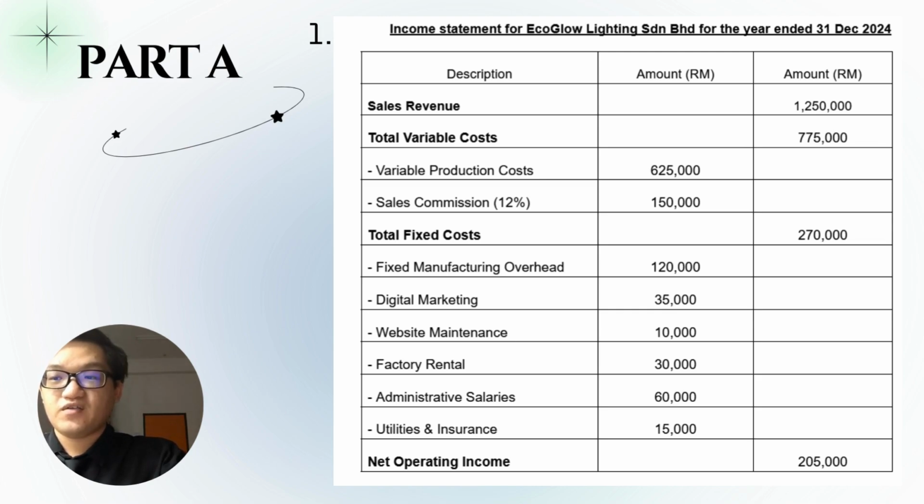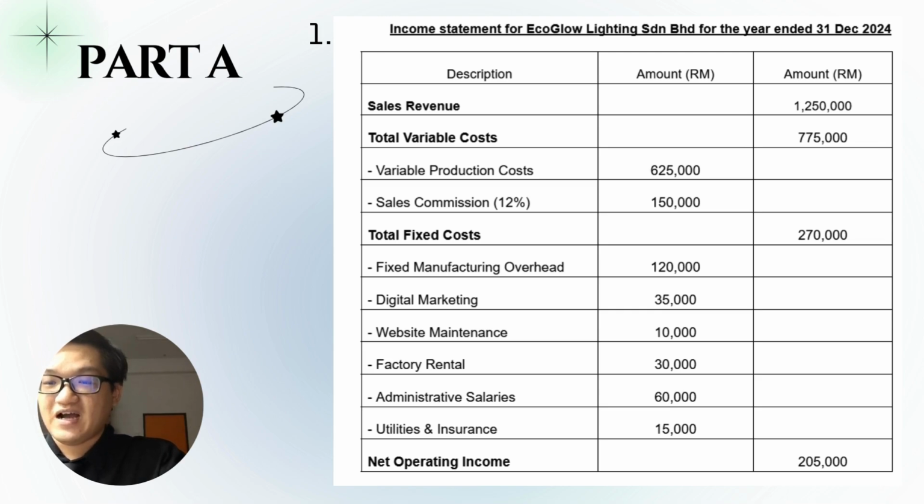The total variable cost is 775,000, of which the variable production cost is 625,000, and the sales commission at 12% is 150,000. The total fixed cost is 270,000, which includes the fixed manufacturing overhead 120,000, digital marketing 35,000, website maintenance 10,000, factory rental 30,000, administrative salaries 60,000, and utility and insurance 50,000.